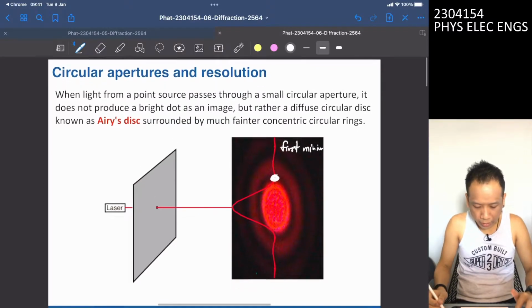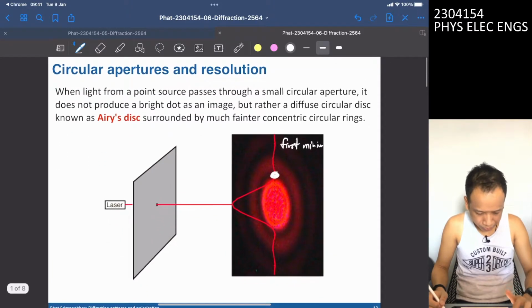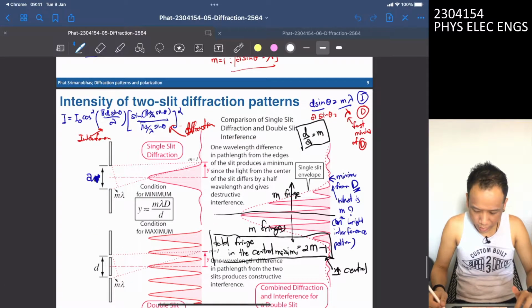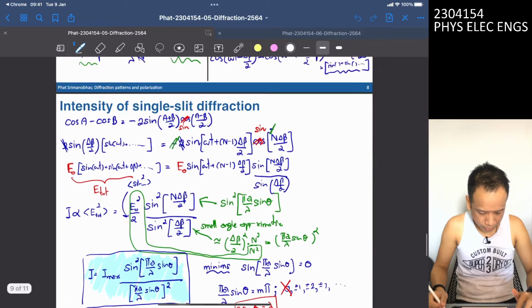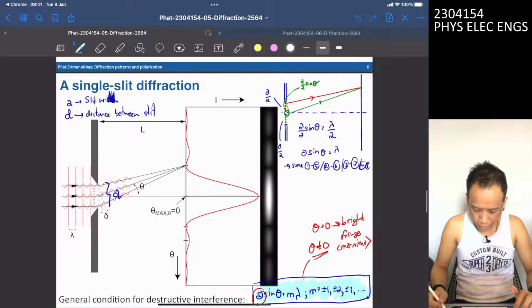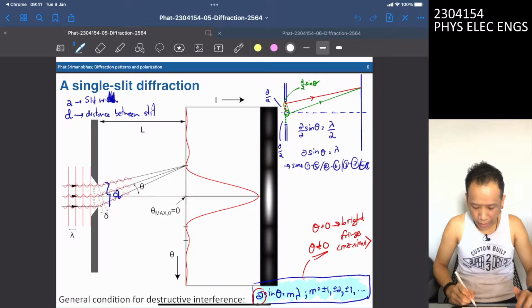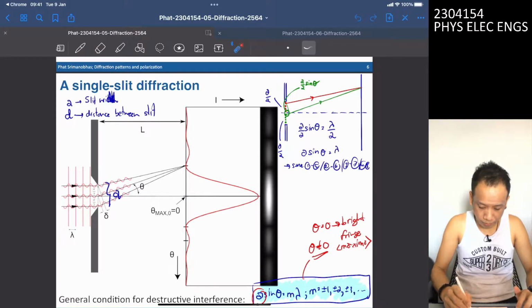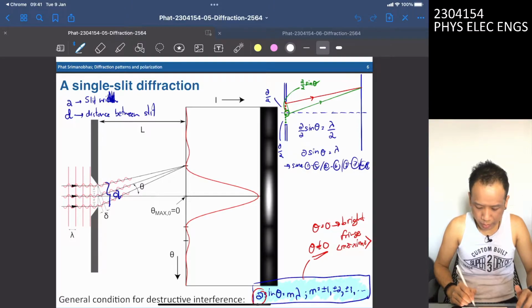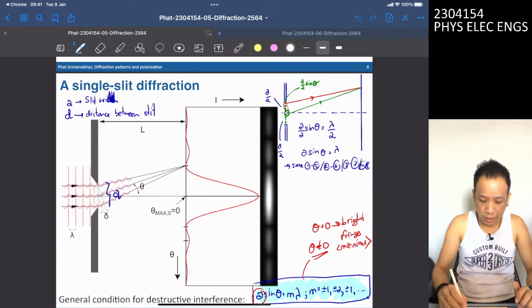And the difference is in the dark fringe, the first minimum. If you go back to the diffraction, the first minimum is going to be at theta equal to lambda over A. This is a slit. So this is the first minimum.